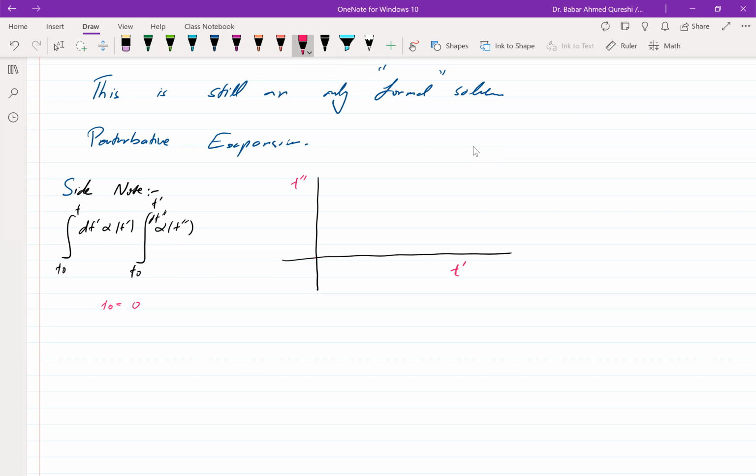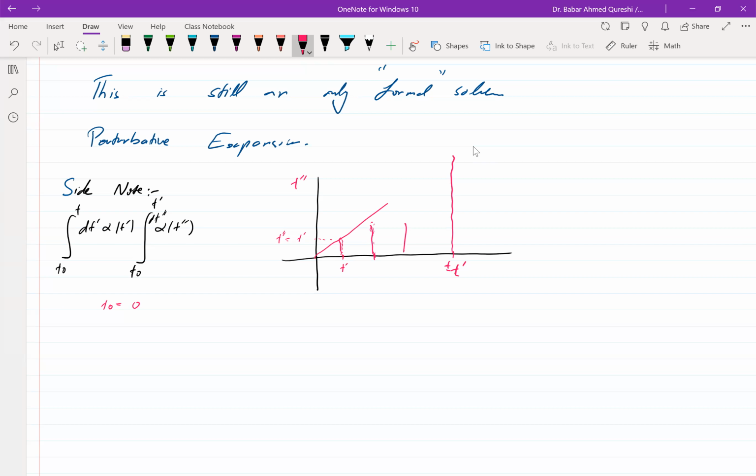What this integral is telling you is that if I fix this value of t dash, I have to integrate along t double dash up to when its value becomes equal to t dash. When I am at another value of t dash, again I integrate t double dash up to this place, and so on. And where do I integrate t dash up to? From 0 to t, the final value.